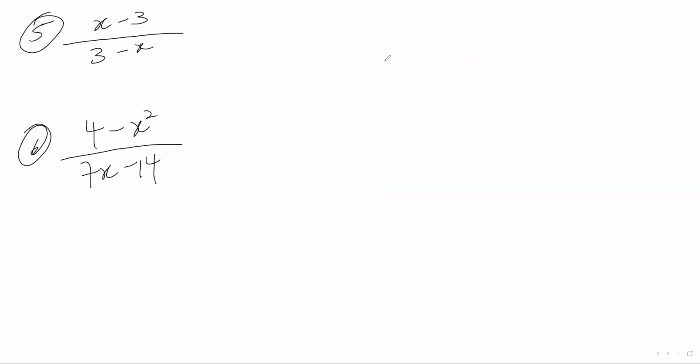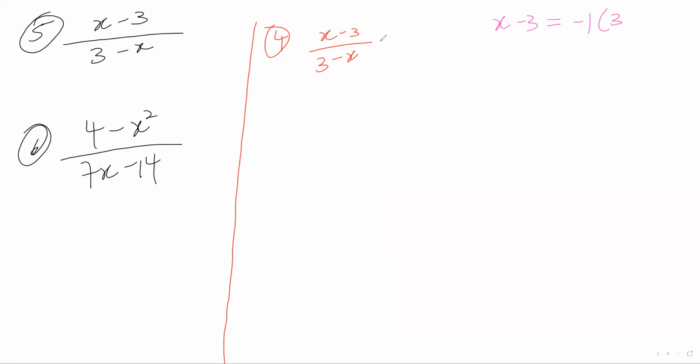Let's take another question. All right, let's look at question number 5. I think I'd like to divide the board and solve from here. So let's divide the board and let's solve from here. Now, when you look at this question, you can see that the denominator is, let's say, an inverse of the numerator in terms of sign. Can I do this? Tell me if this is correct or not. If I have x minus 3, can I say it's the same as -1 into bracket 3 minus x? Expand and see.